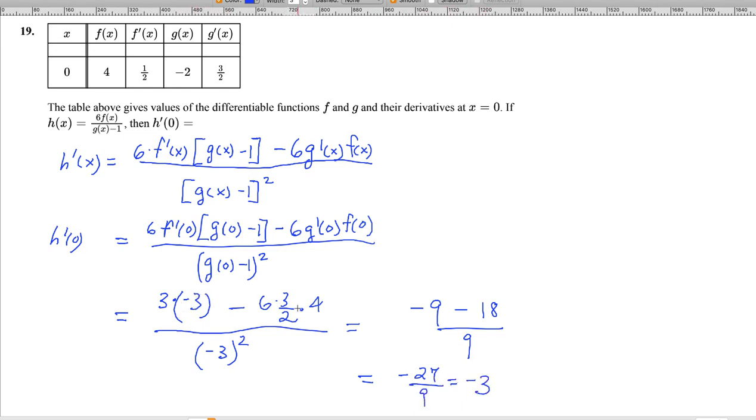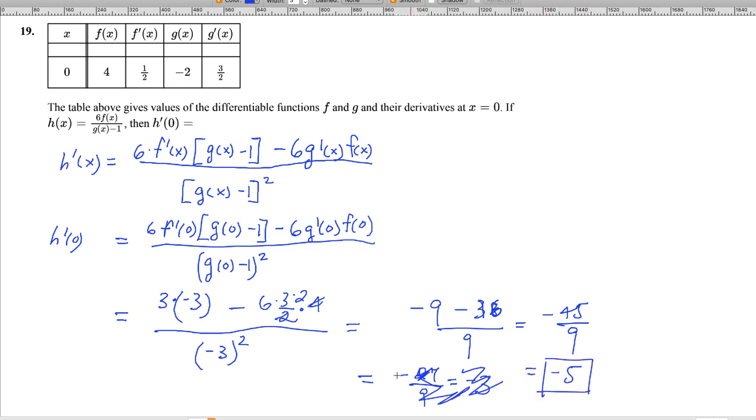Oh, you see 6, so I messed up somewhere, I believe. 6 times 6 is 36, right? Shouldn't this be 36? And then negative 9 minus 36 is negative 45 over 9, which is negative 5.